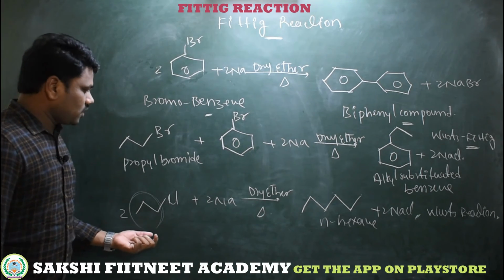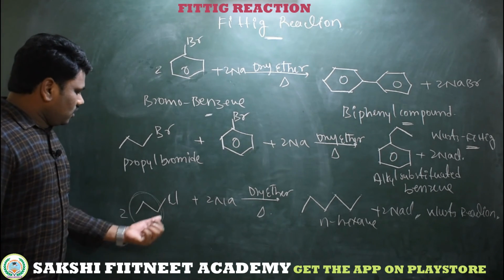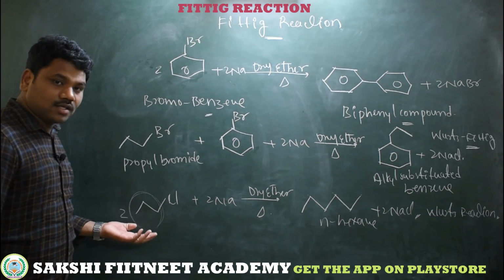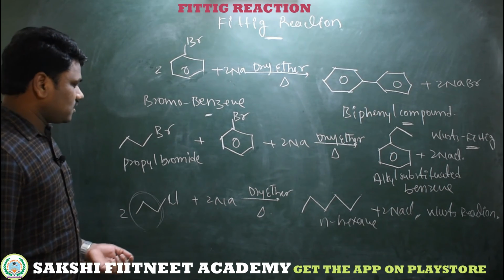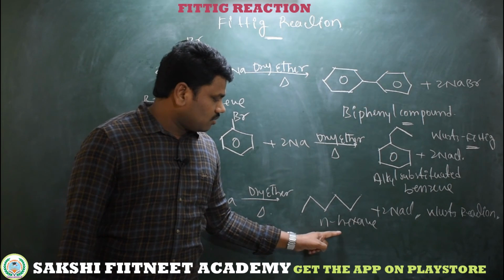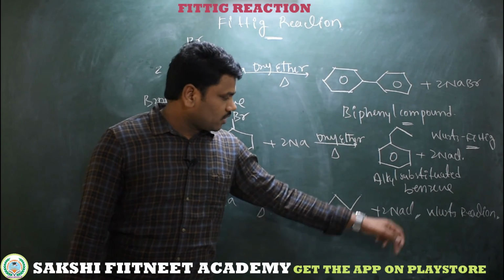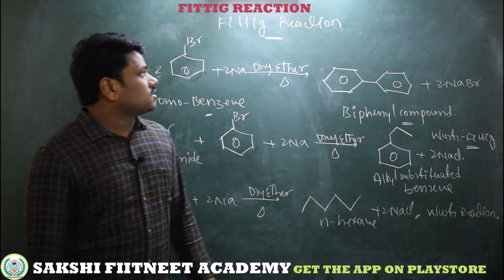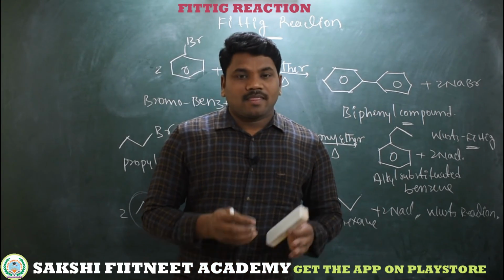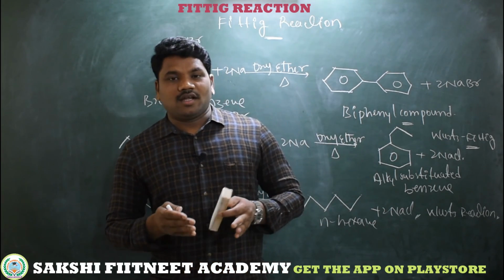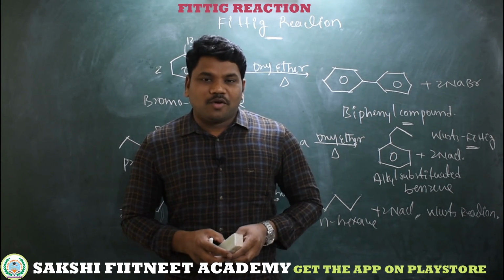Now coming to Wurtz reaction, both the alkyl halides are the same, that is aliphatic alkyl halides, then we are getting a coupled higher alkane along with 2 moles of NaCl. This is called a Wurtz reaction. So this is the difference between Wurtz reaction, Wurtz-Fittig reaction and Fittig reaction. So hope you understand well.